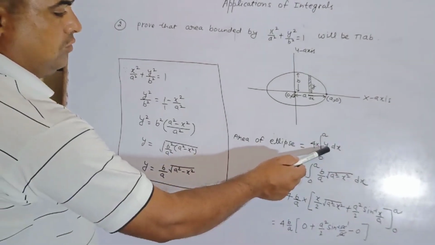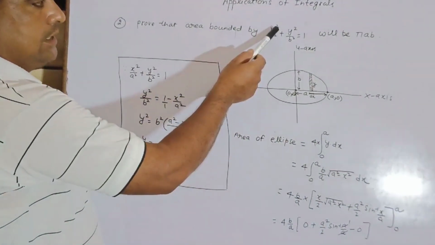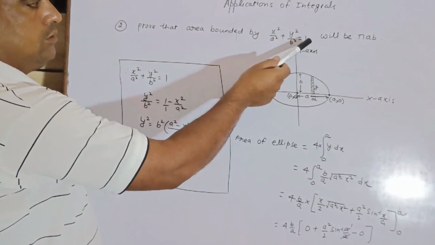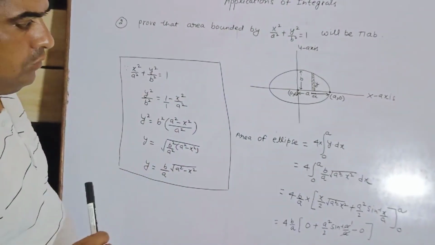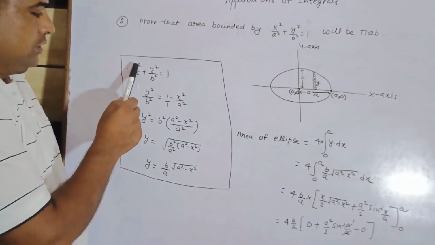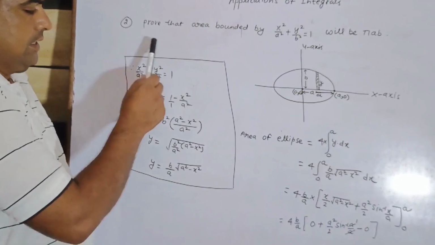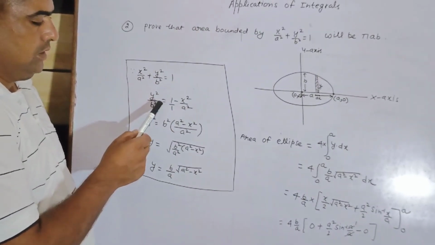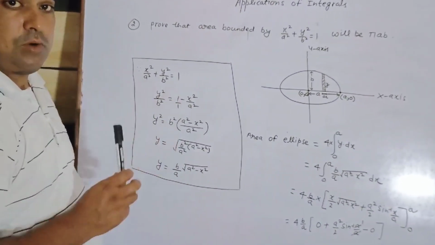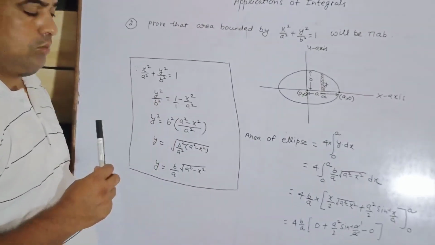Now we will find the value of y. Students, the equation is x square upon a square plus y square upon b square equals to 1. So we have to find the value of y from here. We are transposing x square upon a square to the right hand side. This will be y square upon b square equals to 1 minus x square upon a square. We are taking 1 in the denominator.